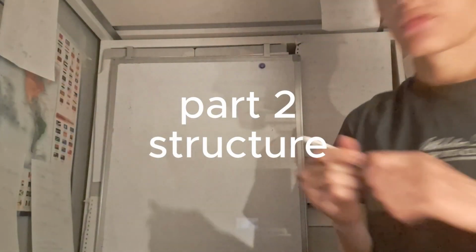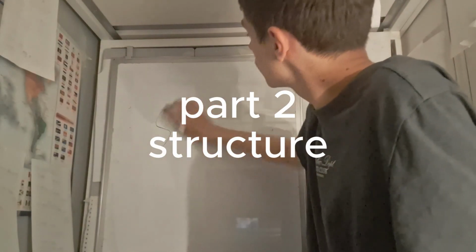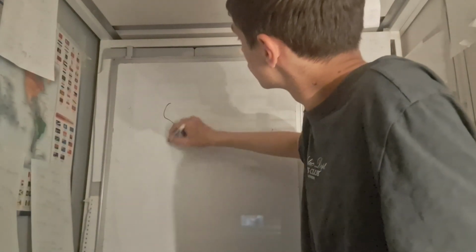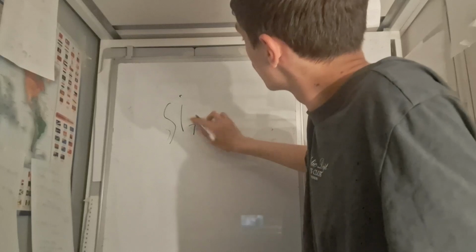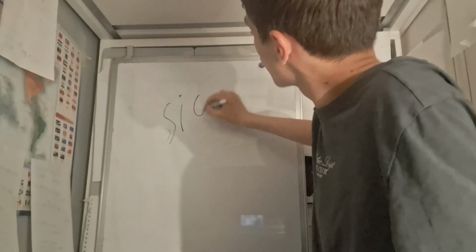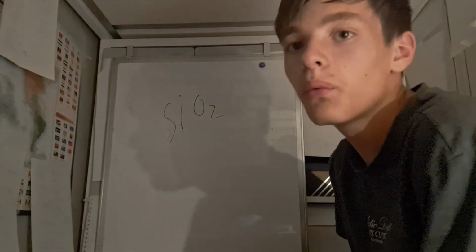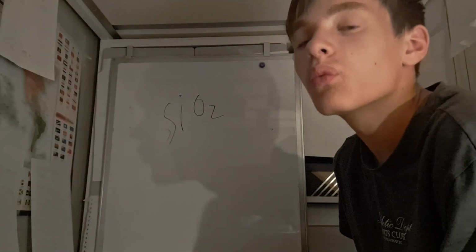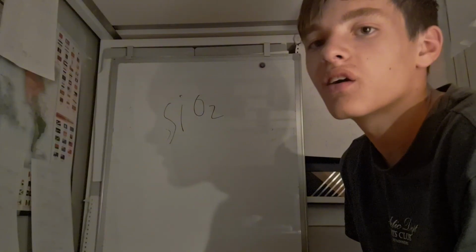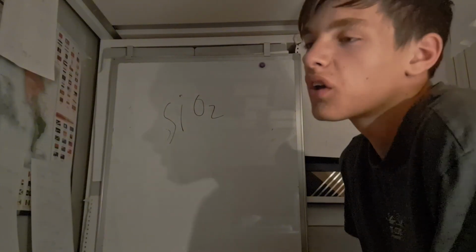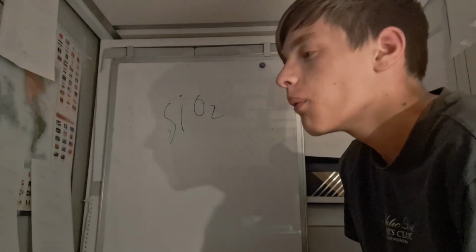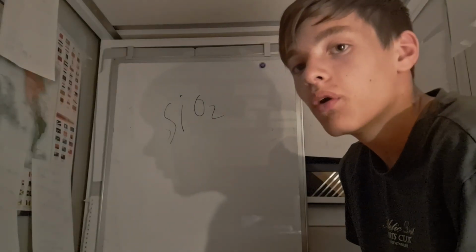Okay, so we've got silicon dioxide, which forms 2 double bonds with the oxygen. But that's if it was just in a gaseous form, which is boring to me. When it's in a crystalline lattice form, it's going to repeat.